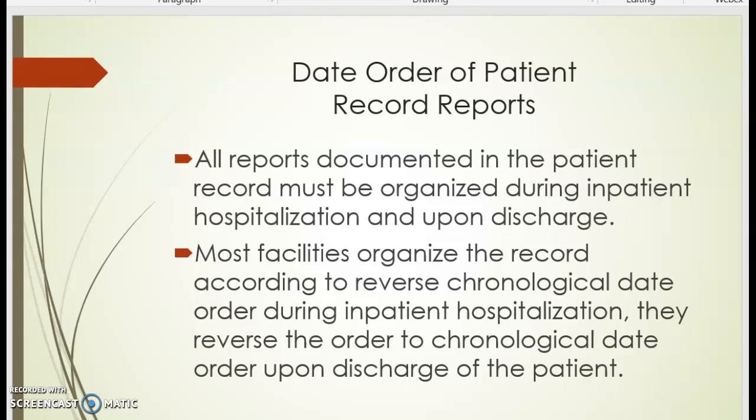Okay, so when a patient gets discharged, then they put everything in chronological order so that it reads like a diary. So if you have a new doctor looking at this admission, they can read from the first day that they were admitted to when they got discharged. So chronological order is like a diary. Reverse chronological order is when they are actually an inpatient.